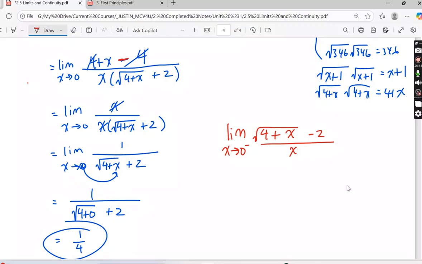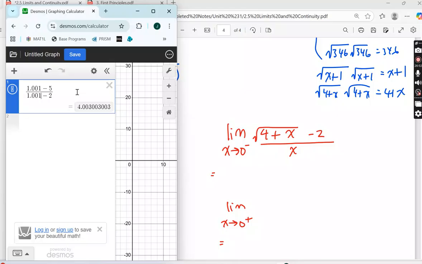Okay, and then I'm also going to check the limit as x approaches 0 from the right. So let's see what happens. So then x approaches 0 from the left would be negative 0.0001.